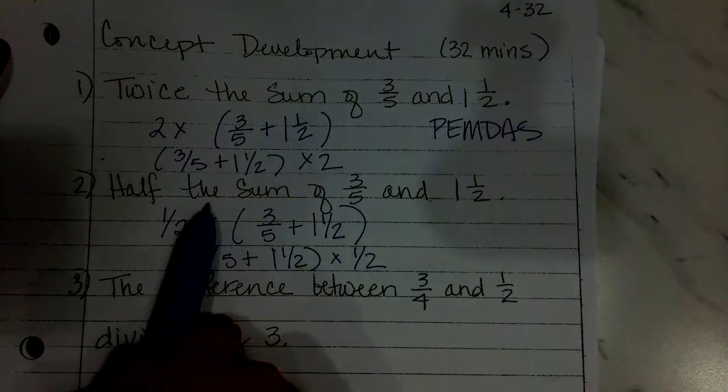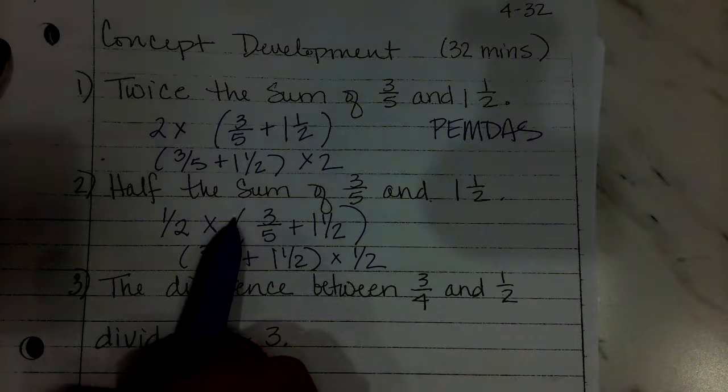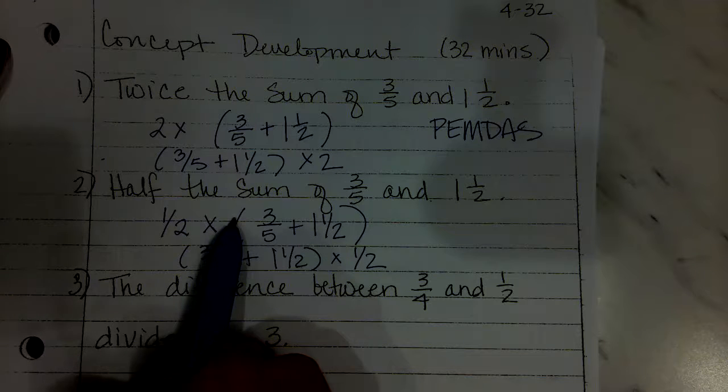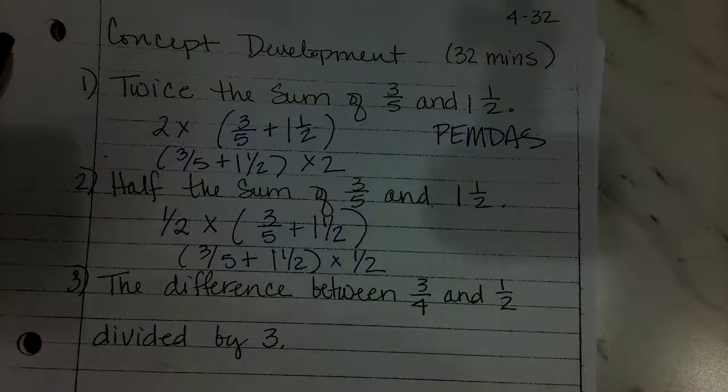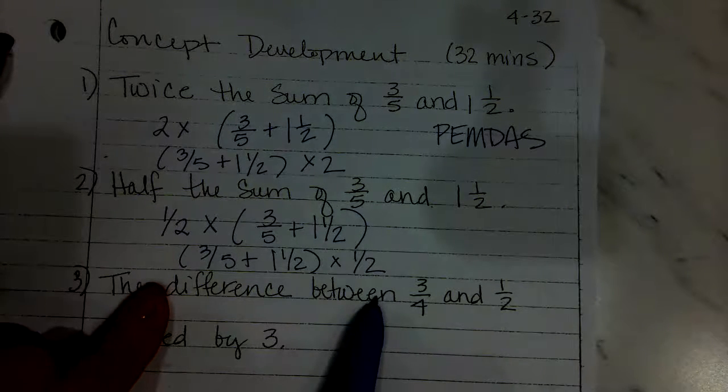You could just have a half right here. And the half next to the parentheses automatically says, hey, you're multiplying. So we multiply it by a half. We can show a half times the addition expression, or we can show the addition expression times half. So here or here, right?